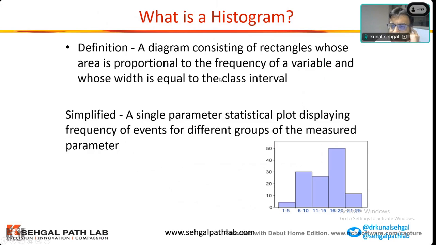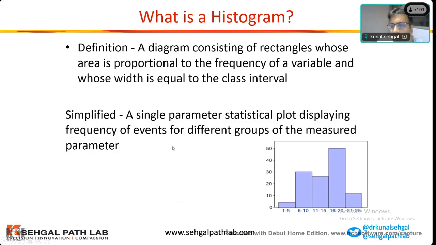So it is basically, in very simple terms, a diagram consisting of rectangles whose area is proportionate to the frequency or the number of that variable. In this case, it is age, and whose width is equal to the class interval. So the class interval here is age groups of 1 to 5, 6 to 10, 11 to 15, and so on.